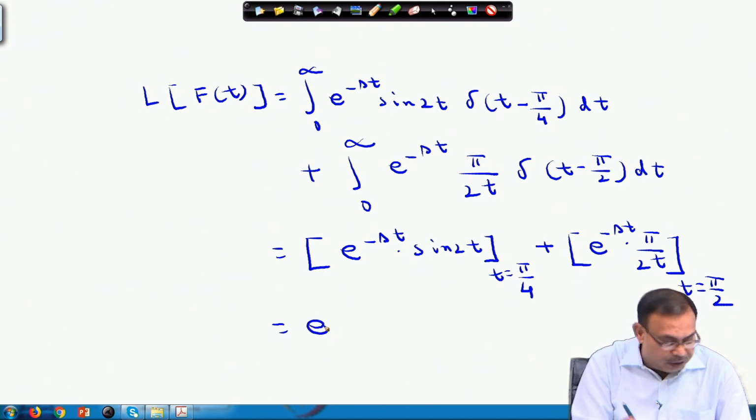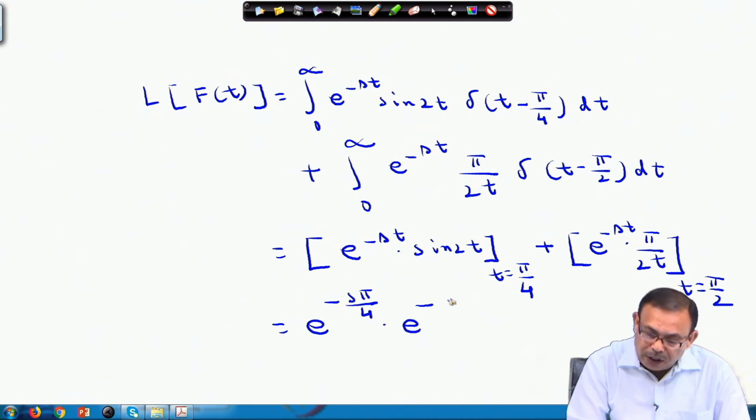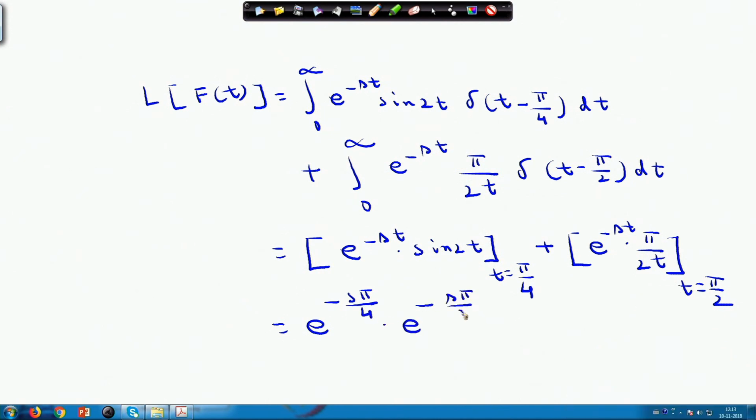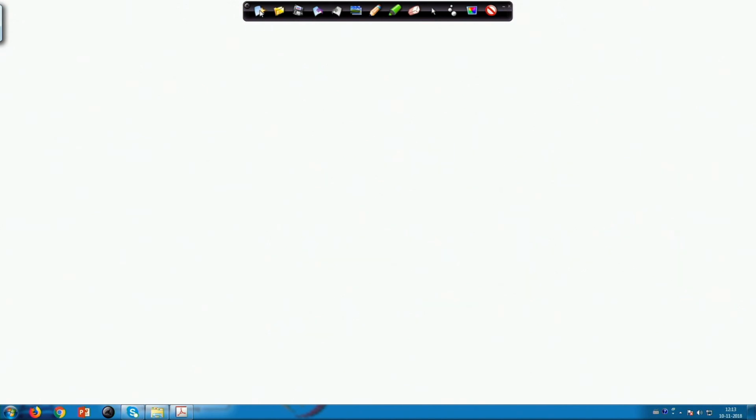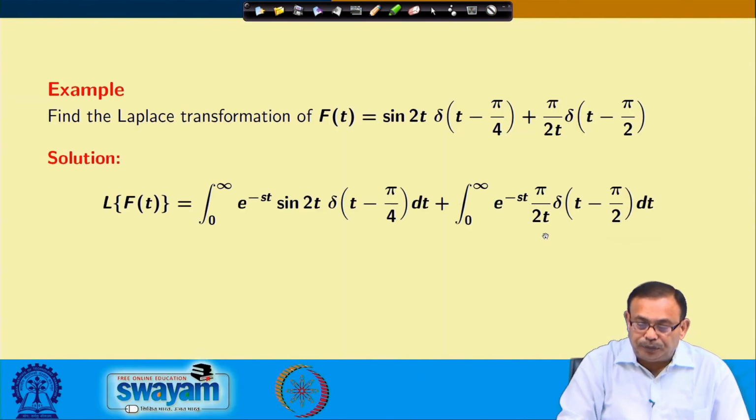If I evaluate this one, I will obtain e^(-s pi by 4) into e^(-s pi by 2), and this will be the result. So, if you see, the result is this one, and it is very simple.